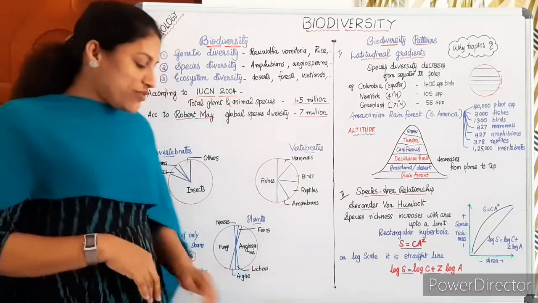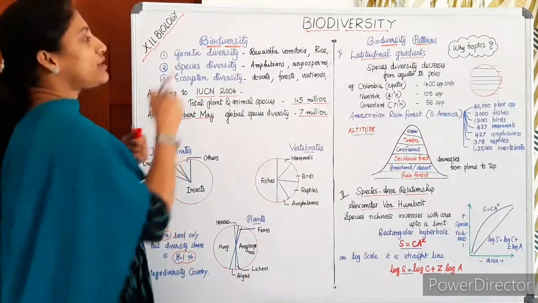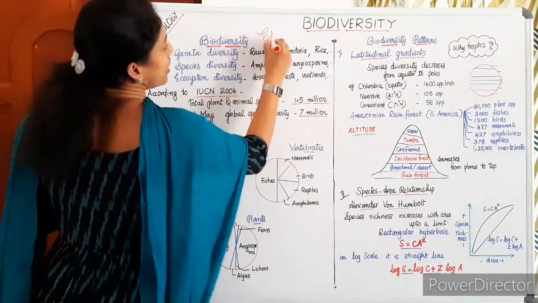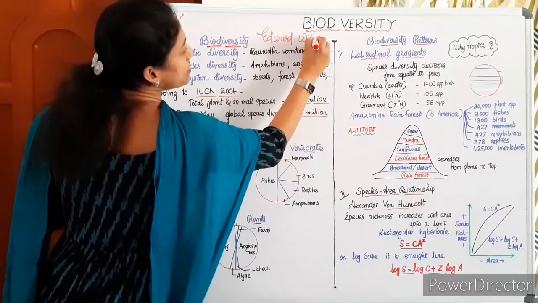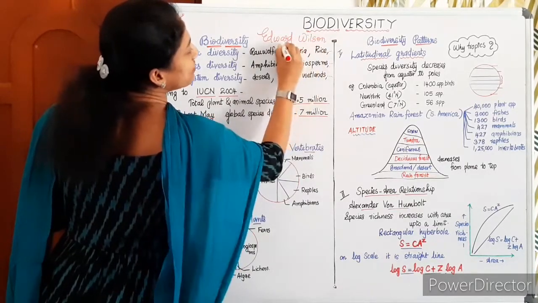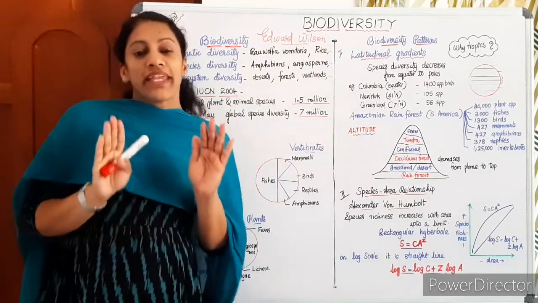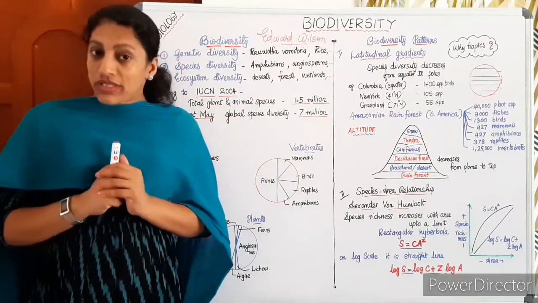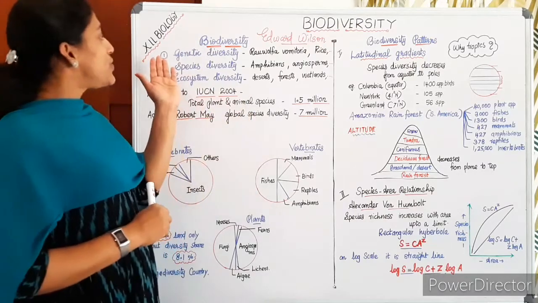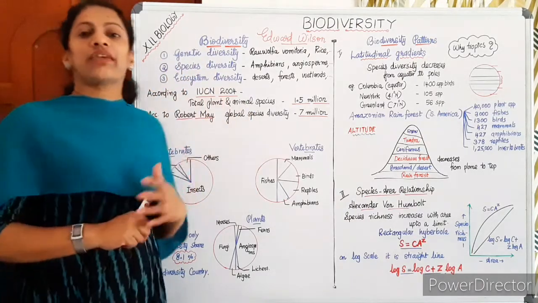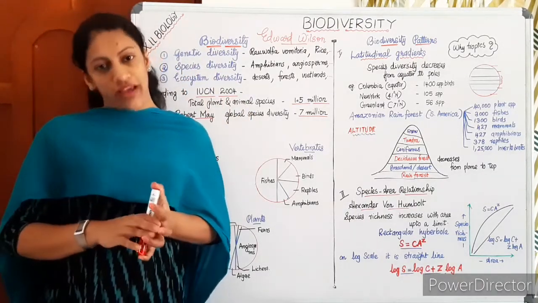The term was first coined by Edward Wilson. So understand, the term biodiversity was popularized by Edward Wilson. There are mainly three levels of diversity we can speak of. Here they are listed: genetic diversity, species diversity, and ecosystem diversity.